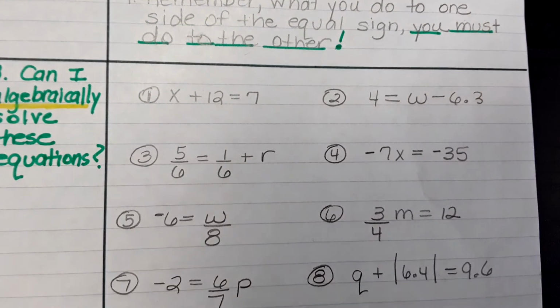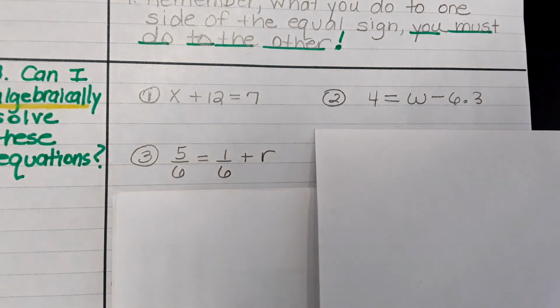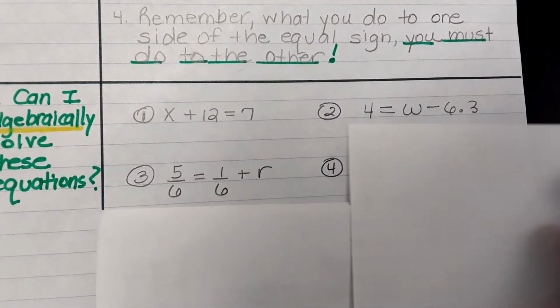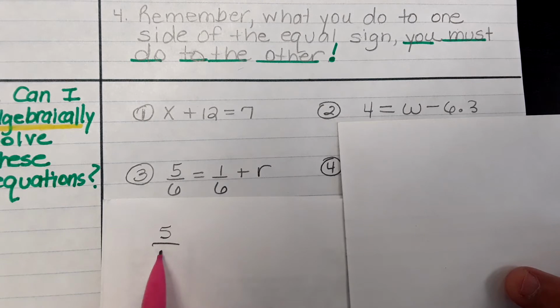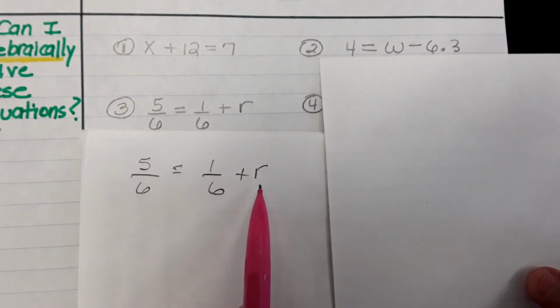All right, example number 3. All right, so now comes the fractions. So we don't like them, but we can do them. And the process doesn't change. Even though you have fractions, this process is going to remain the same. So let me recopy the question. Step 1, find the variable. It's R. And then look at the operation.